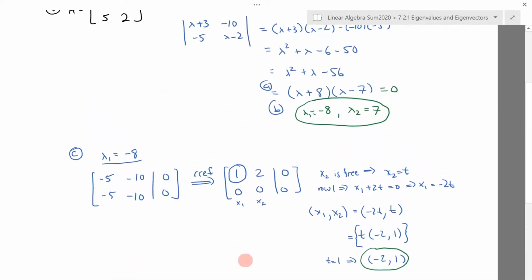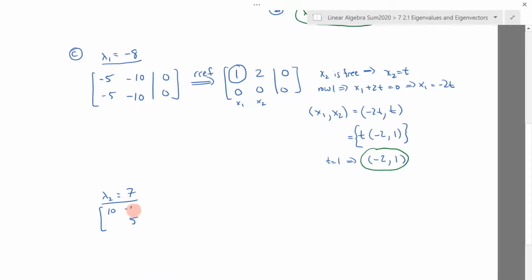And then the other entries stay the same, so -10, -5. And I augment the zeros to row reduced echelon form. So I can just divide everything by 10 on the first row. And then the second row will cancel because it's just a multiple of the first row.